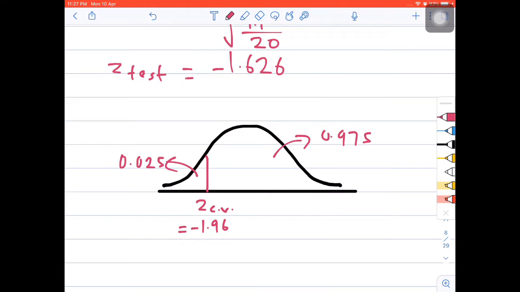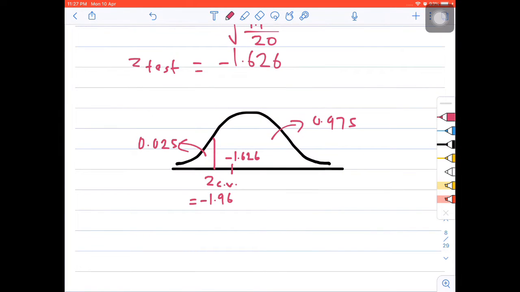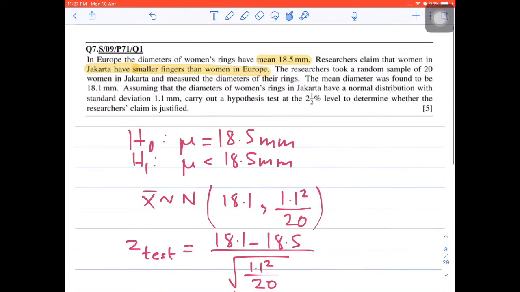Now since negative 1.626 will be towards the right of that, it's in the acceptance region. Since the z test value is greater than the z critical value, accept h naught.